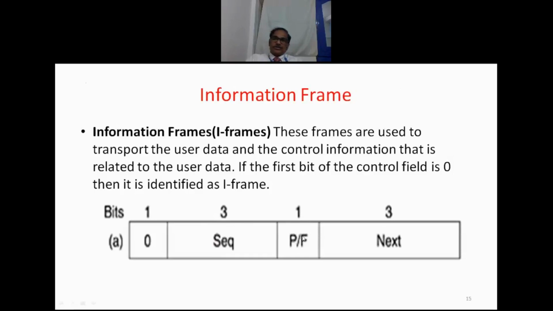If final is equal to 1, this is the last frame the sender is sending to the receiver. After this, the receiver is not going to receive any more frames. That is the indication between sender and receiver for concluding their communication, so they can terminate their connection. One bit is used for that purpose.